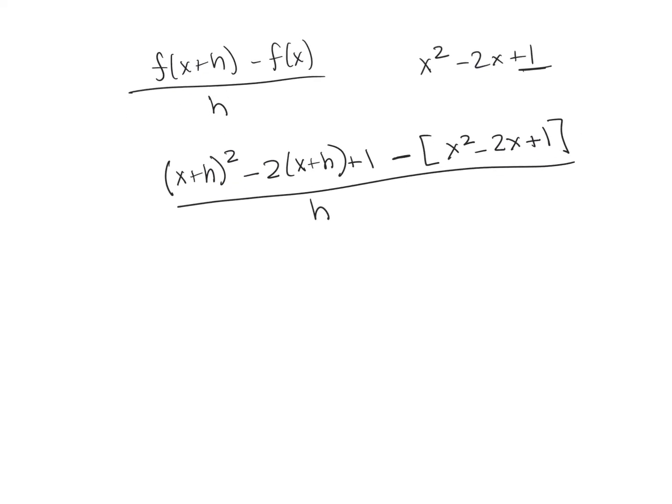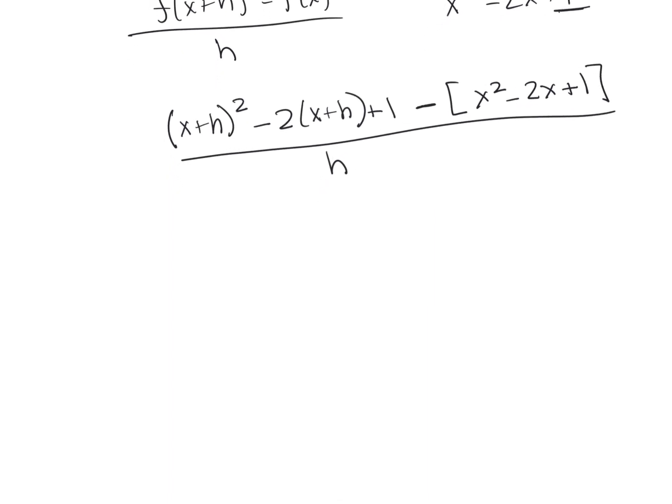And now I have some algebra 1 to do by foiling it out and distributing and collecting like terms. So FOIL it out. Is this being recorded? Yep. Distribute. Distribute again. And this is the most common mistake people make, is they forget to distribute this minus sign all the way through.